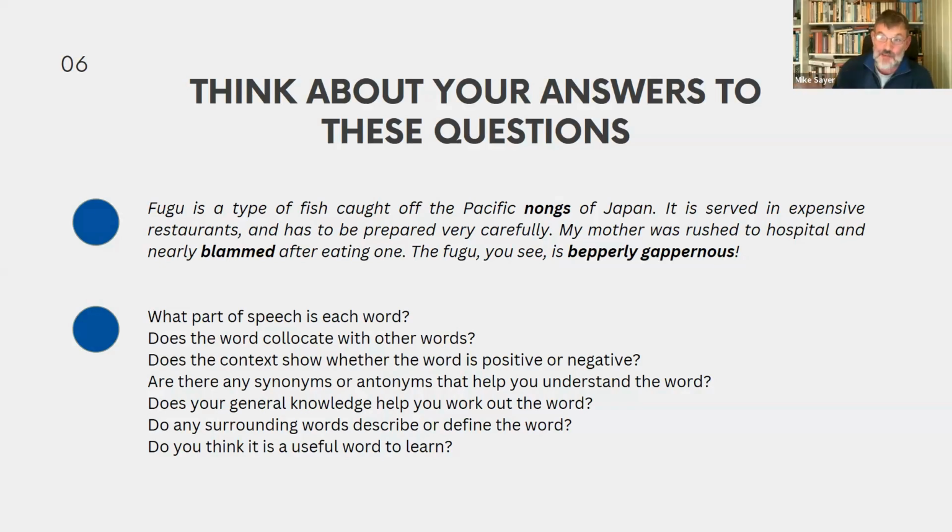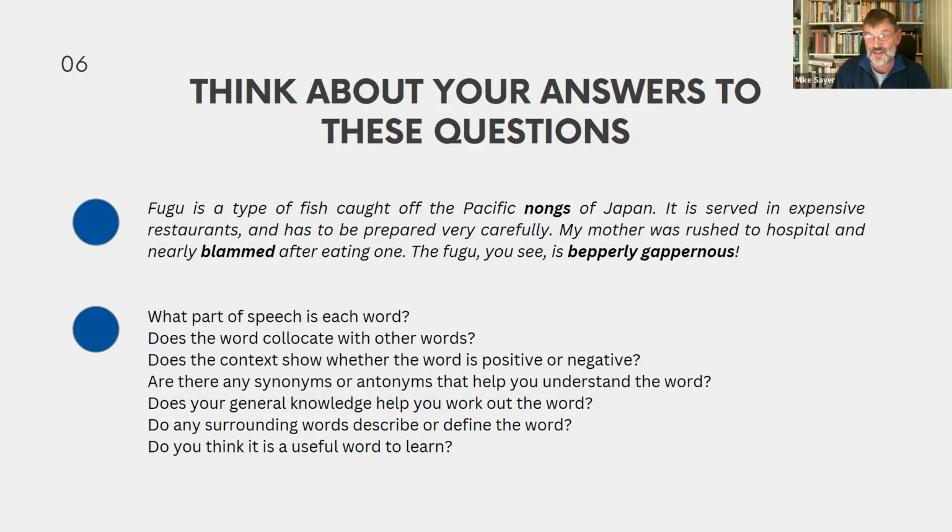The reason I got "Bepali" and "Gapinus" is that they're quite interesting because the two kind of explain each other. There's an adverb and an adjective, and we can tell that from the position in the sentence and from the suffixes, the "-ly" on the end of Bepali, the "-us" on the end of Gapinus. But in order to guess what Bepali Gapinus could mean, you probably need the context of the whole text. How would you describe fugu from the fact that it almost killed my mother?